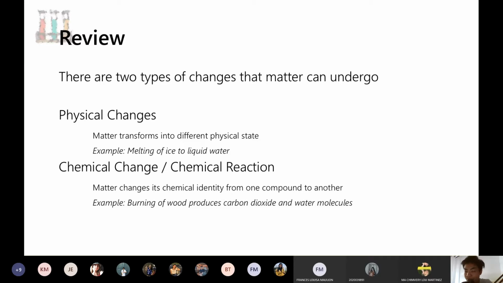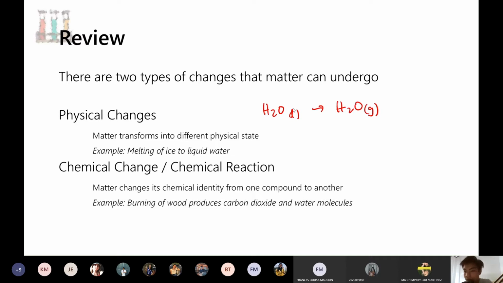So we can use chemical equations, no, to describe physical changes. For example, ito H2O liquid, tapos magiging gas kunwari yan, magiging water vapor. So that is one chemical equation describing physical changes. No?